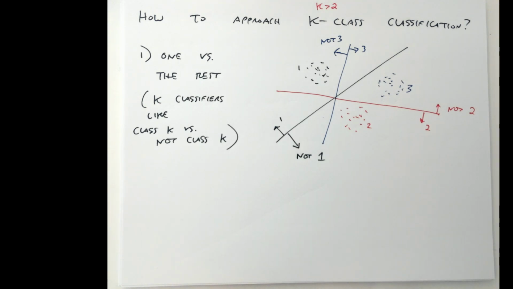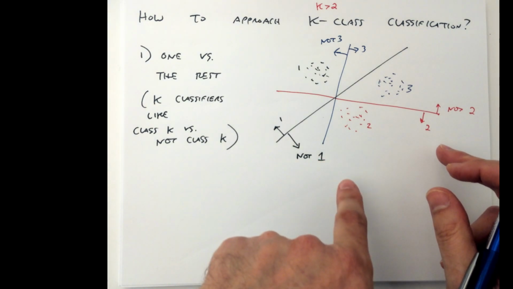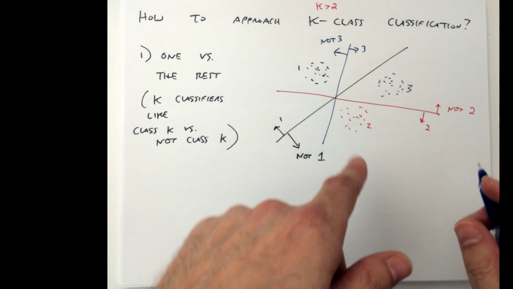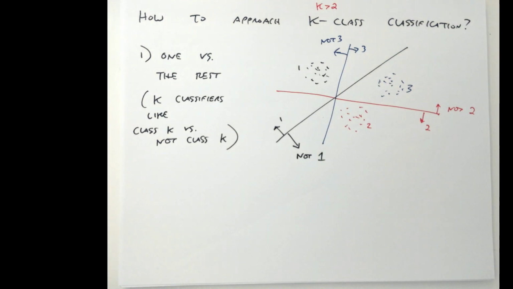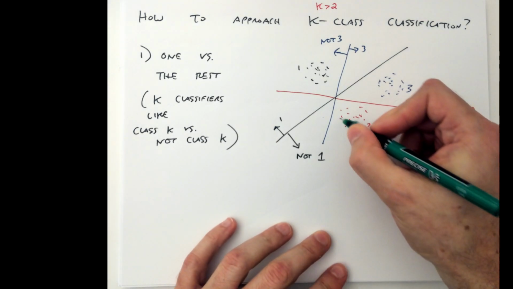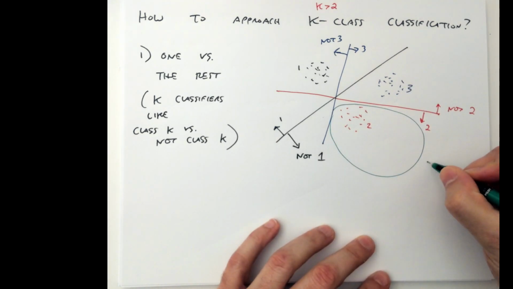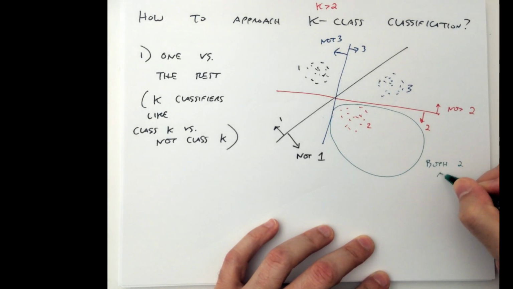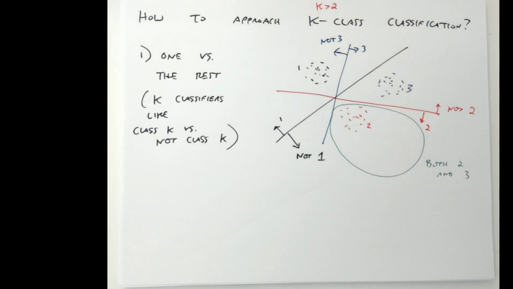So for example, let's find a bad place. Everything over here is both 2 and 3 according to what these classifiers are telling me, right? So taking the votes of all of these classifiers is not so straightforward. I need more than that, right?